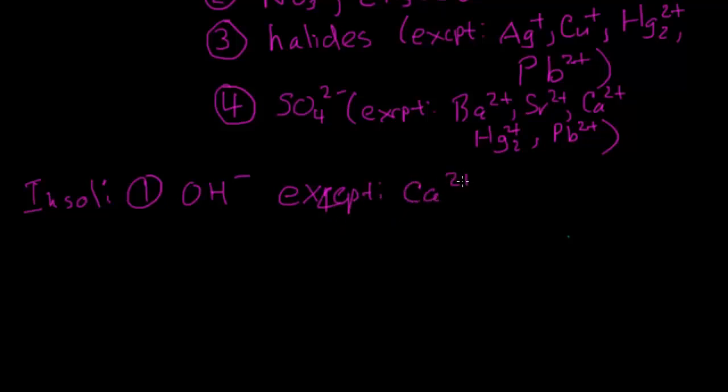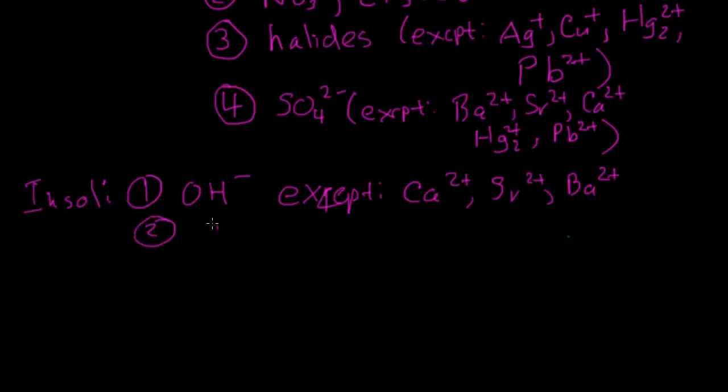Calcium hydroxide, strontium hydroxide, and barium hydroxide. So those, again, are the heavier alkaline earth metals. These are exceptions that are going to make it soluble. So in that case, the hydroxides are all insoluble and won't dissolve in water except for these guys.